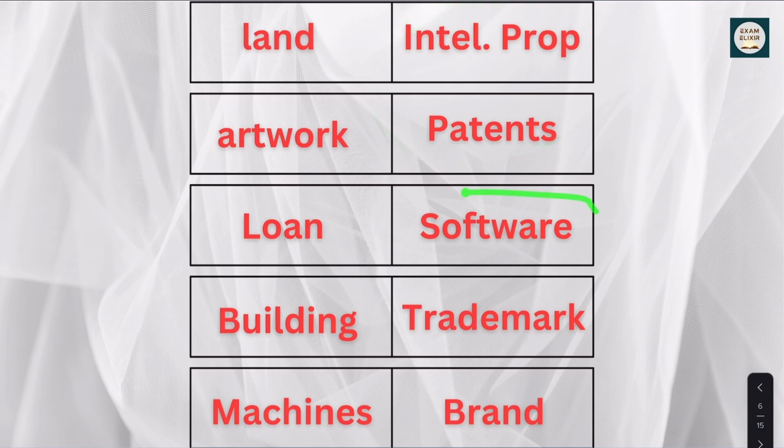You might be a coder and you might code a software, and then you can lend the software on subscription to someone. You are getting revenue on that, or you can sell it and you will get money on that. Similarly, trademarks and brand are assets. How brand can be an asset? For example, let's say you own KFC brand, and if you give it on franchise to someone, then you will get royalty on that, right? 40%, 30% royalty.